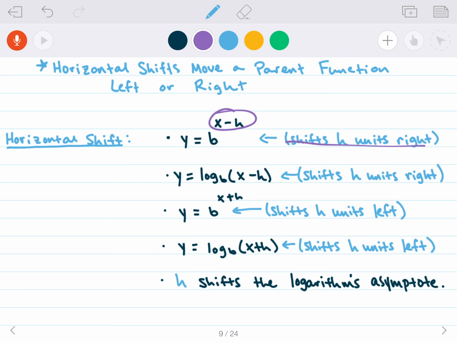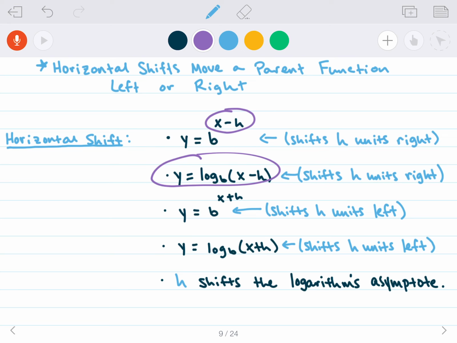And so we can see it in the exponential form like this, x minus h, where h is a number. It's moving it h units to the right. We can also see it with a log graph. This is taking the basic log base b of x, picking it up and moving it h units to the right.